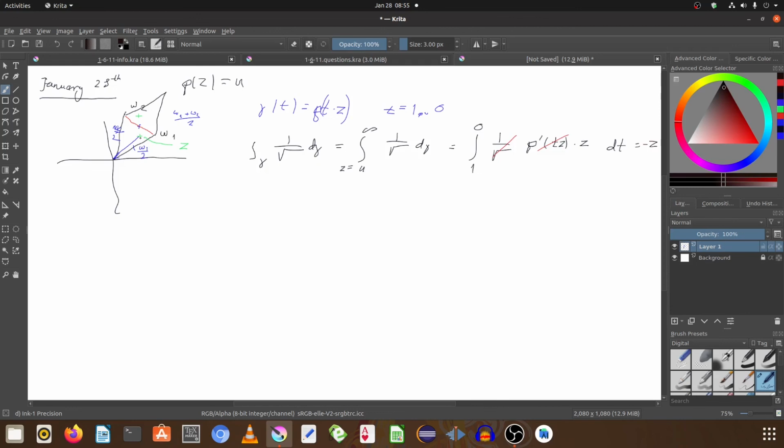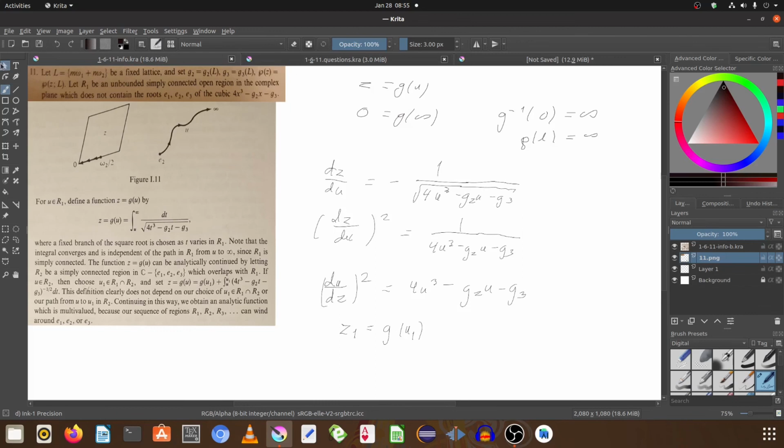So to get plus z, going from here to here gives minus omega half. So how do we get the positive one?